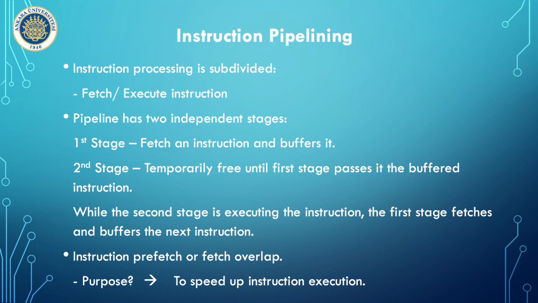For example, while one instruction is being executed, the next one can be fetched, and the following one can be decoded. This is similar to an assembly line in a factory, where multiple products are in different stages of production at the same time. Here, the goal is to keep all parts of the processor busy and reduce idle time.